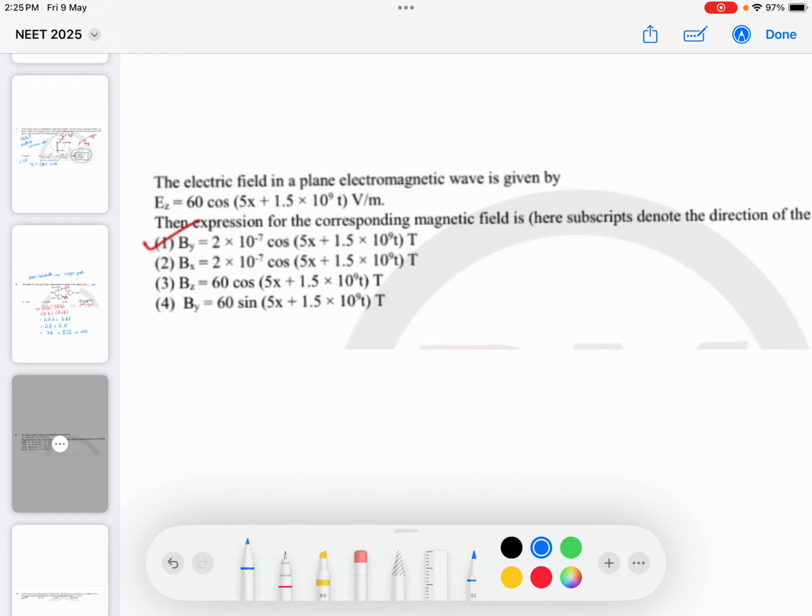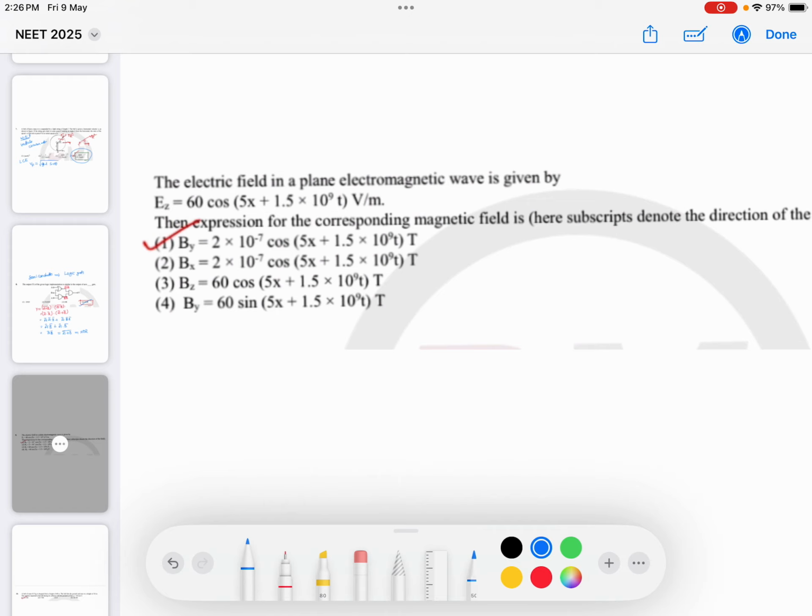The electric field of a plane electromagnetic wave is given by E is equal to 60 cos (5x plus 1.5 into 10 power 9 t) volt per meter. The expression corresponding to the magnetic field is the question.